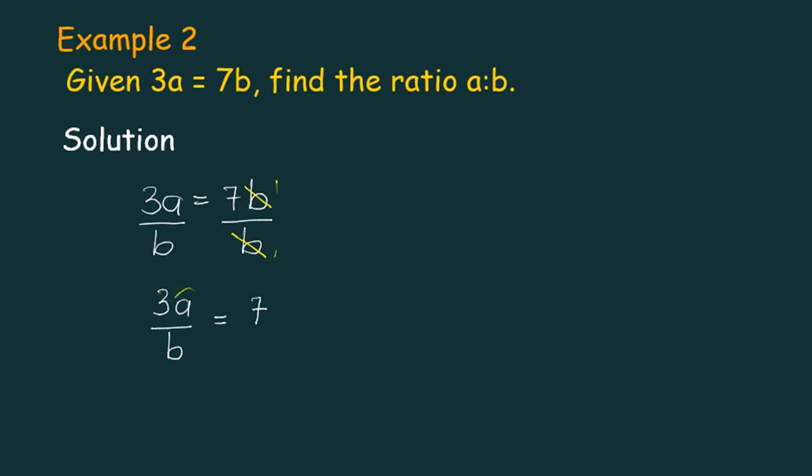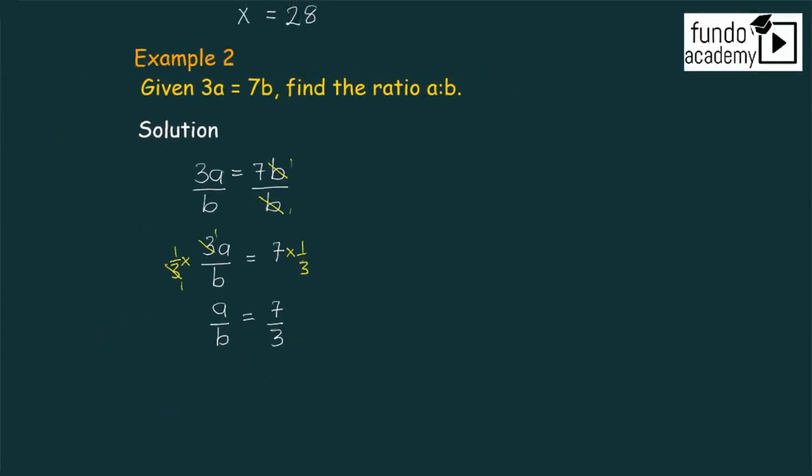That's what I want. Dividing by 3 is the same as multiplying by a third. So this 3 and this 3 will cancel out, and I'll be left with a over b on the left hand side, and this will be equal to 7 times a third. That's 7 over 3. So we can therefore say that the ratio A to B is equal to 7:3. So that is the ratio A to B right there.